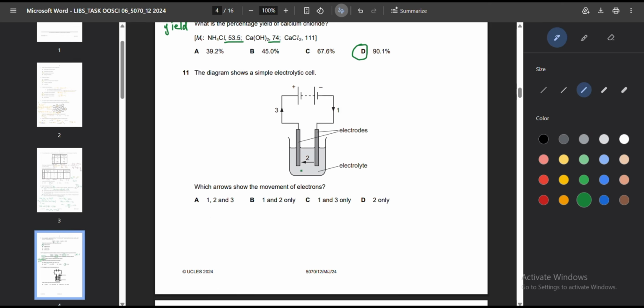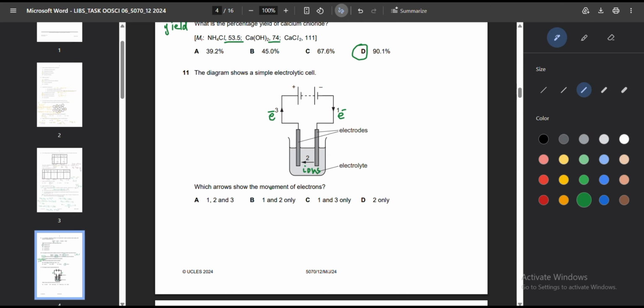Alright, now question number 11. Question number 11 is that the diagram shows a simple electrolytic cell, and you have to show which arrows show the movement of electrons. So the electrons travel through the wire and ions always move inside the electrolyte. So that means these are the electrons traveling through the wires, and inside the electrolyte it's the ions that move.